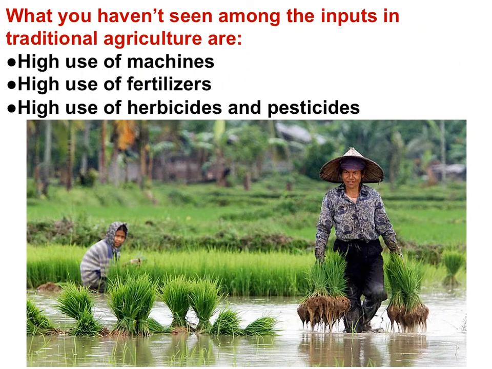Now be careful as you read this slide, because what you haven't seen among the inputs in traditional agriculture are the high use of machines, high use of fertilizers, high use of herbicides and pesticides, hybrid or genetically engineered seeds. While the traditional intensive farm might be a monoculture, there's more diversity on the traditional farm due to the fewer pesticides and herbicides, if nothing else.